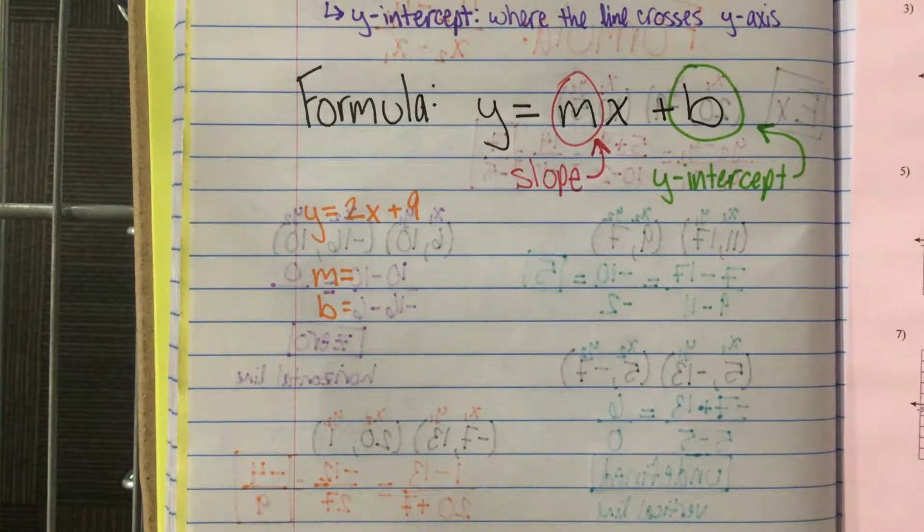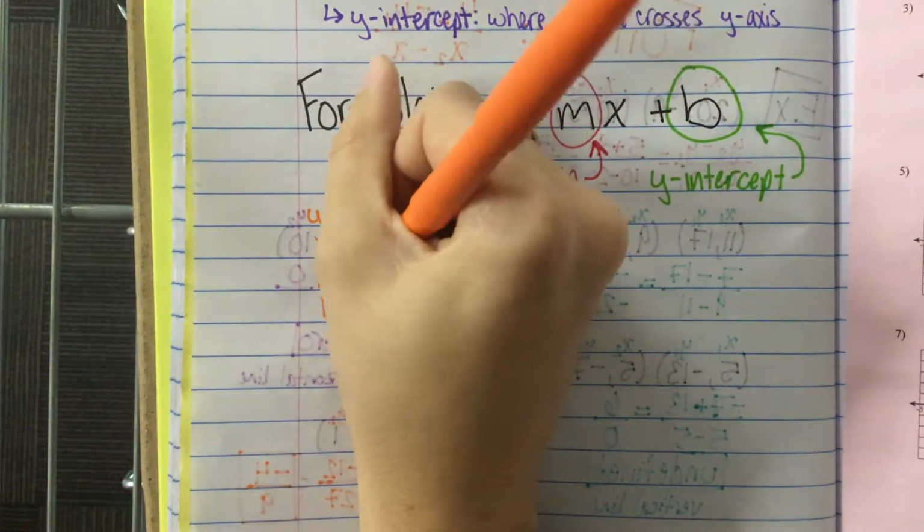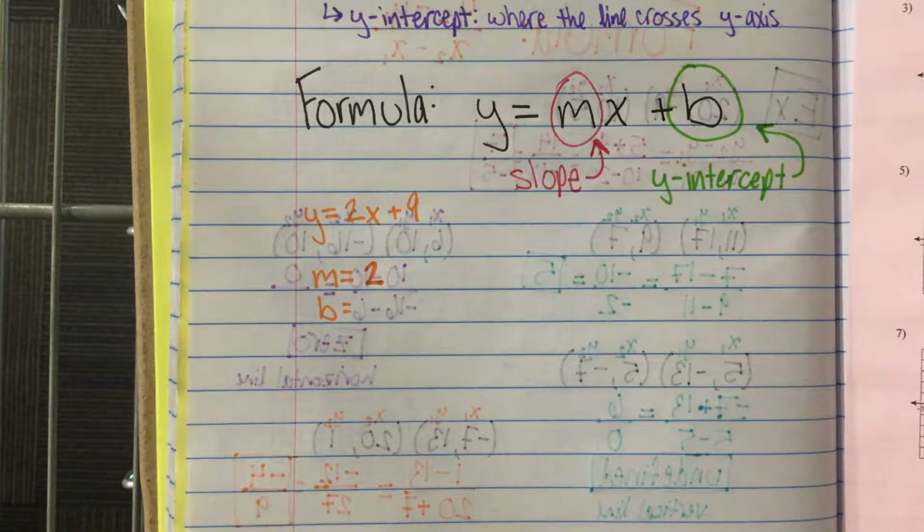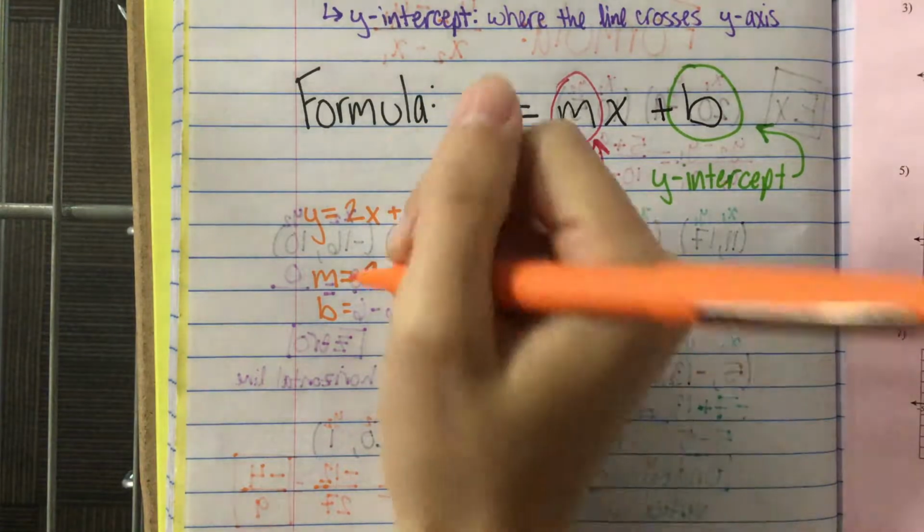Looking at this, y equals 2x plus 9. I'm looking at our formula, which is m. M is 2. Our slope is positive 2. What's our y-intercept? What's our b value? 9.